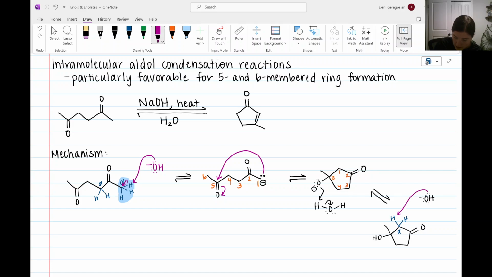So this base removes a hydrogen, creating a negative charge on that alpha carbon. Everything else is the same in this molecule, and then in our final step, we form the carbon-to-carbon bond and remove the alcohol.